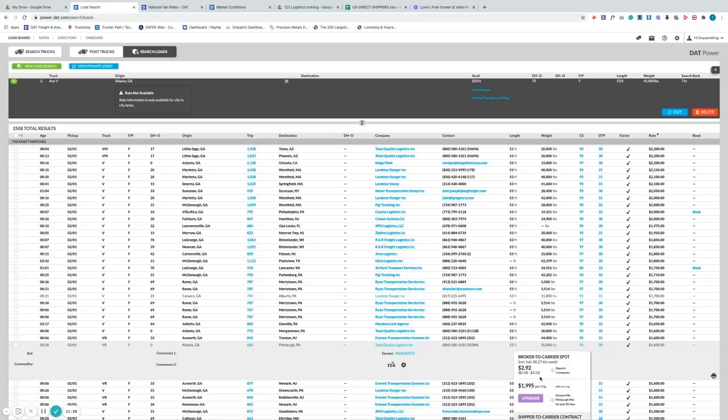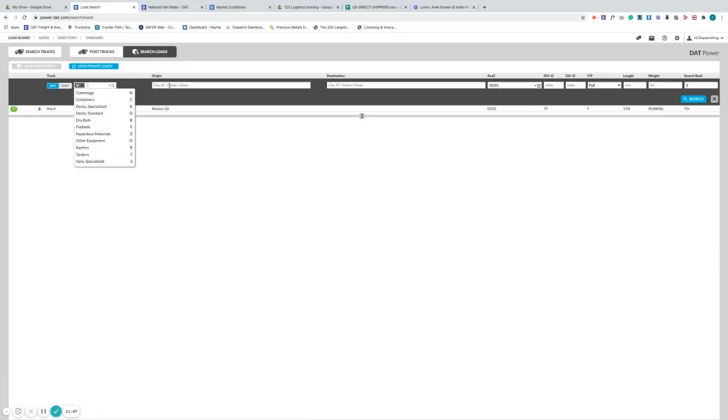Now, before I book this load, I want to come back and check how many loads I can find in Pittsburgh, Pennsylvania. So I'm gonna do a new search, and I'm looking for van loads.